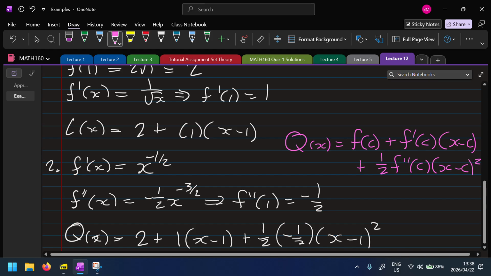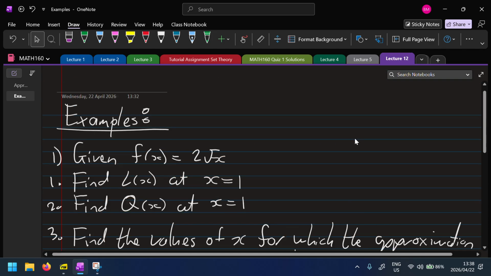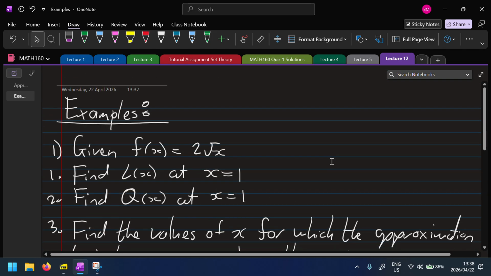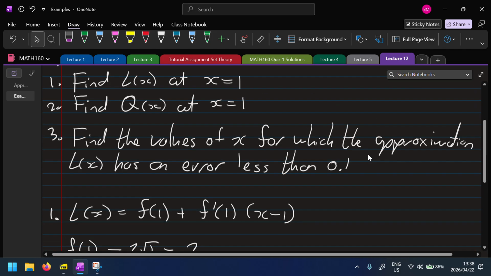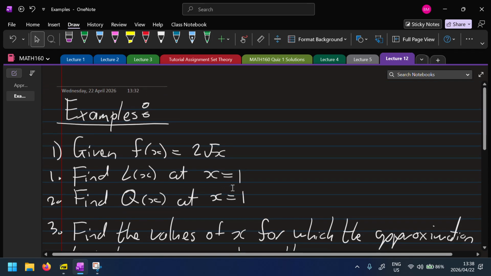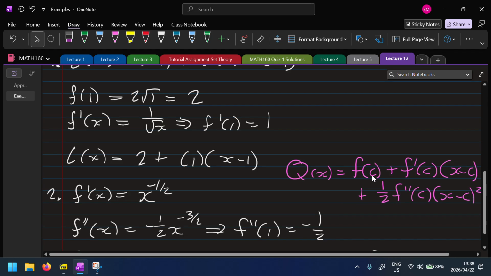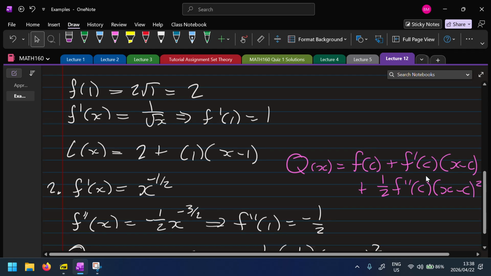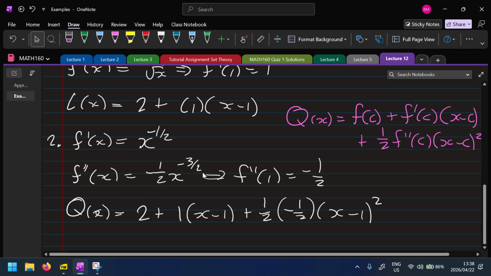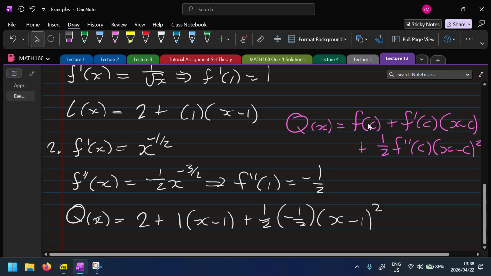That's the formula we derived earlier. f is 2 root x, and c, the point of interest, is 1. So we found f at 1, then f prime at 1, and then f double prime at 1. You just evaluate in order and then substitute 2, 1, and minus a half.